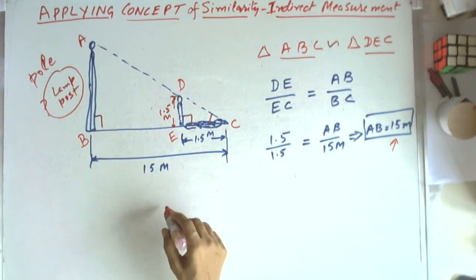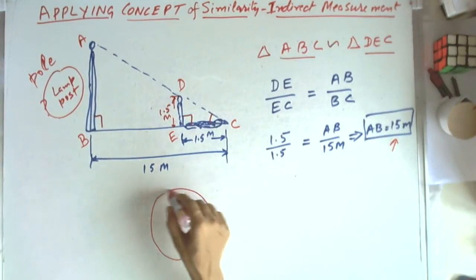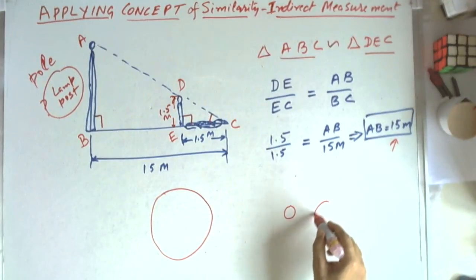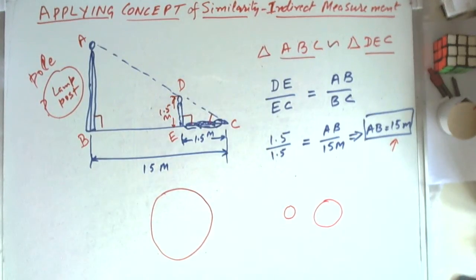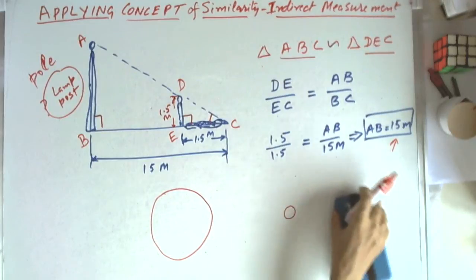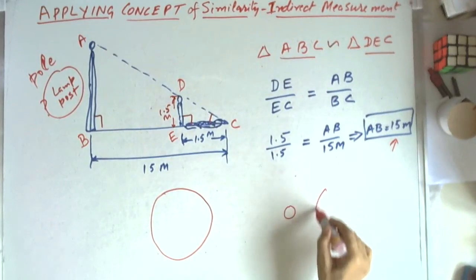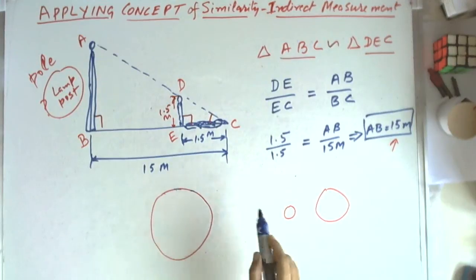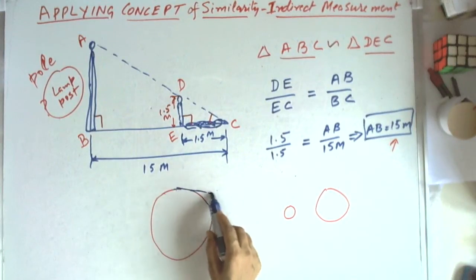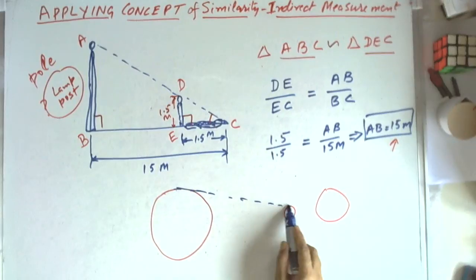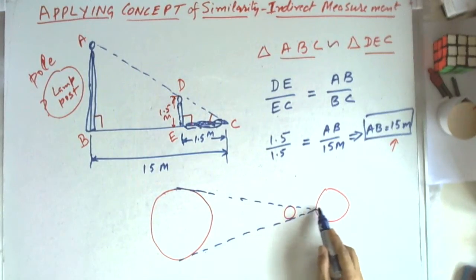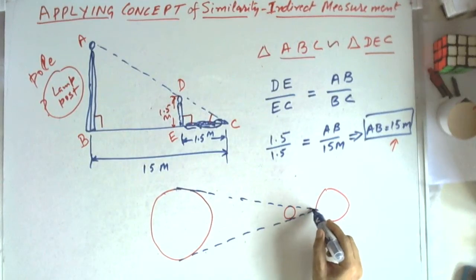Similarly, I take another example. Here is the sun, and then here is the moon, and then on the earth the shadow of the moon falls. When there is a solar eclipse, this is what happens in a total solar eclipse.